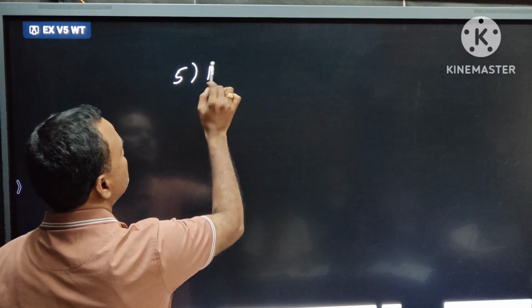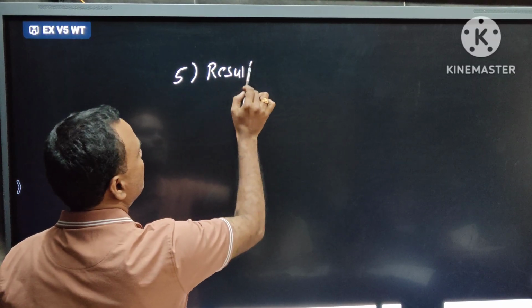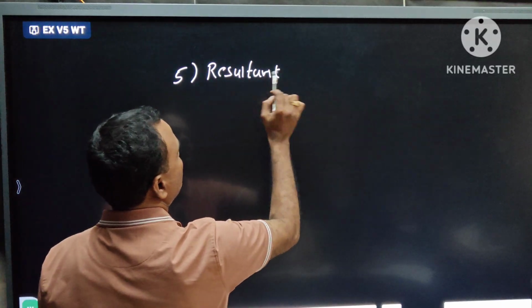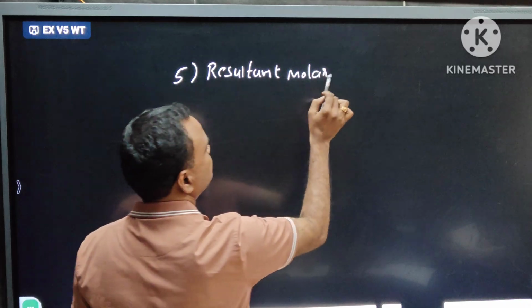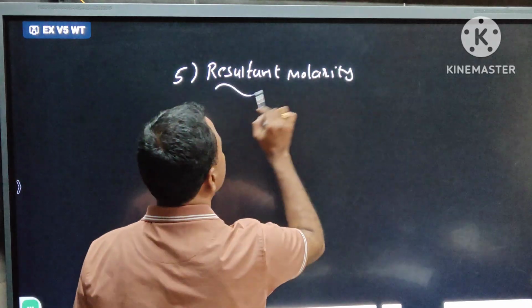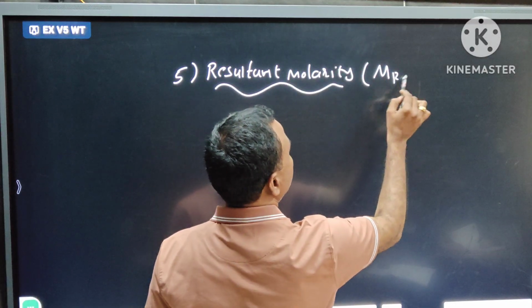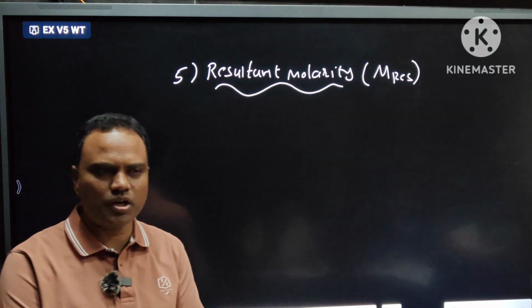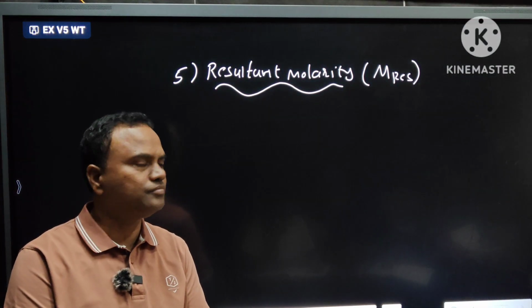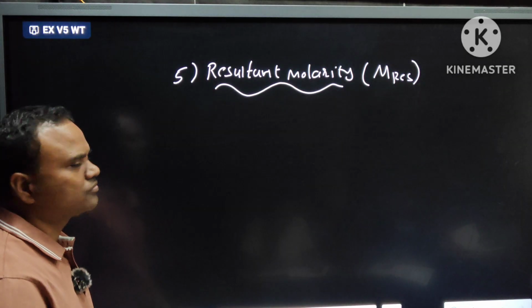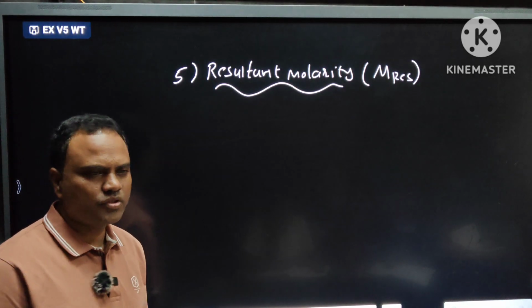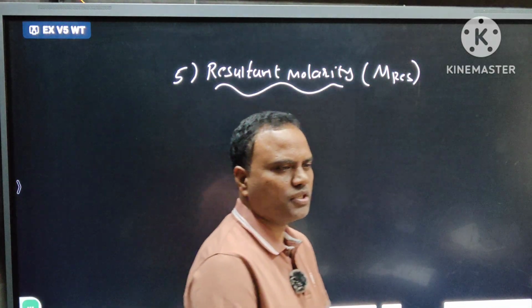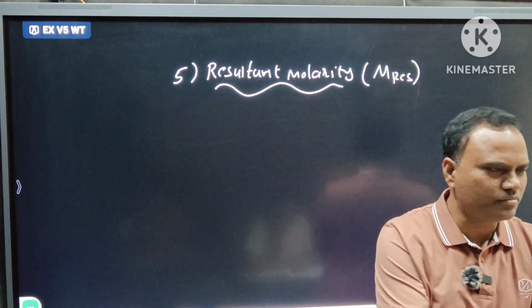Fifth one, resultant molarity. Within the bracket keep adding M resultant. Shruti, tell me, what is the resultant molarity formula after a long time?